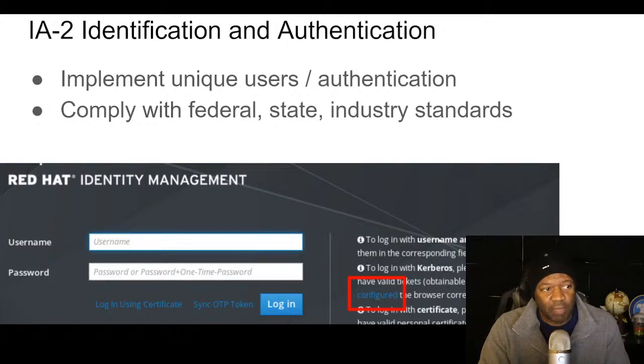Today, we're going to talk about IA-2, identification and authentication, and its implementation within a company, an agency, or a department. Speaking from our perspective as cybersecurity people, as information system security officers, whatever role they call you, what we're doing is making sure that the organization meets this particular control.